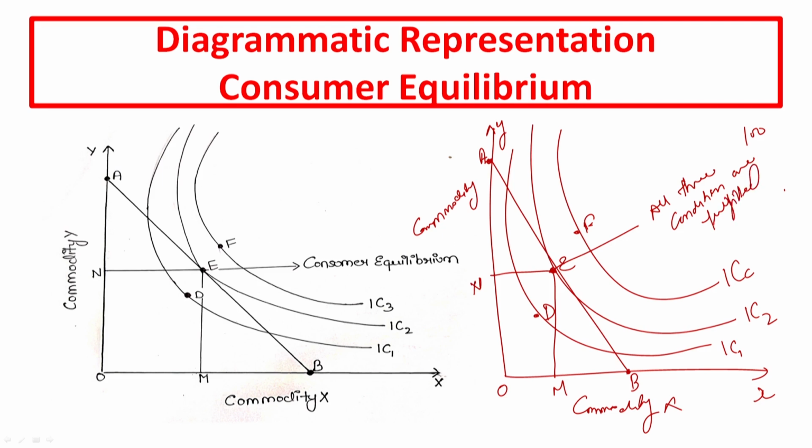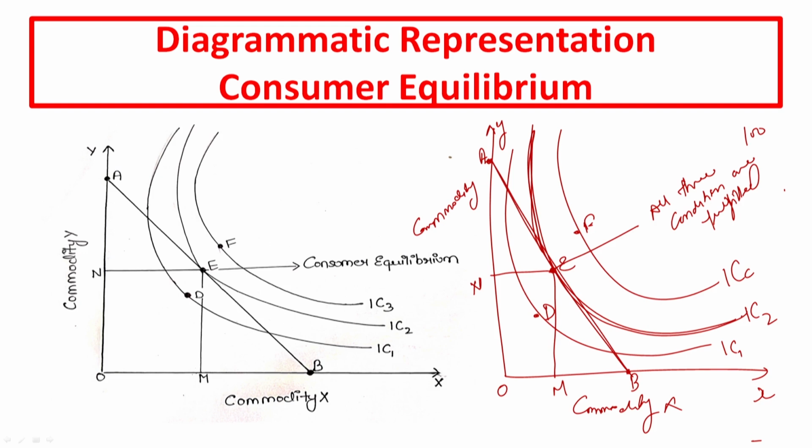First condition was price line should be tangent to the IC curve, first is fulfilled. Then the slope of price line and the slope of IC is equal, and the third is IC should be convex, that means marginal rate of substitution should be diminishing.